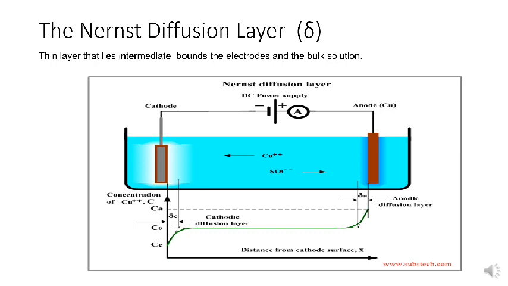The white color is the diffusion layer close to the cathode surface. The diffusion layer is also known as the distance between the bulk solution and the surface of the electrode. So we call this the Nernst diffusion layer.